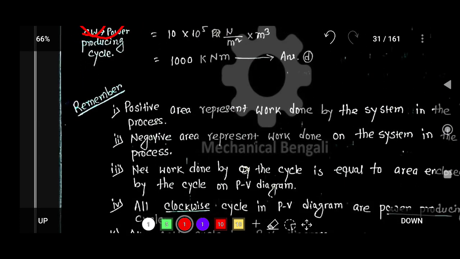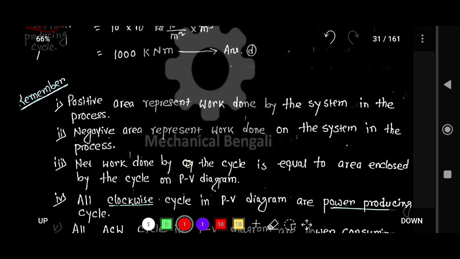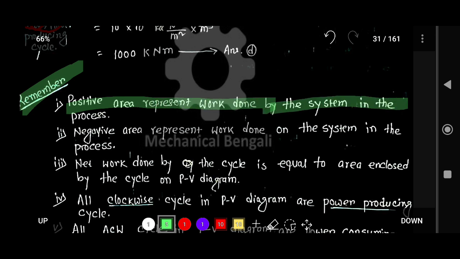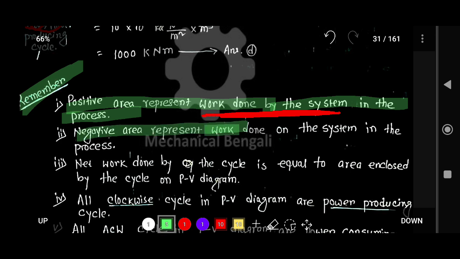Now you can remember some points here. Positive area represents work done by the system in the process, and negative area represents work done on the system.